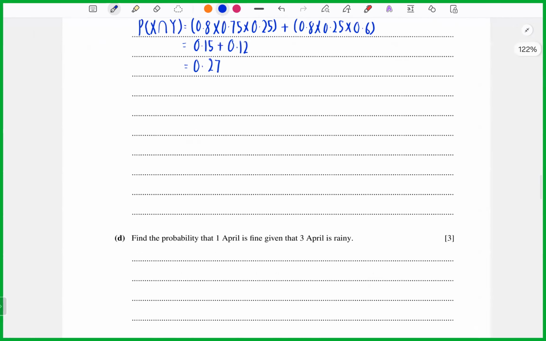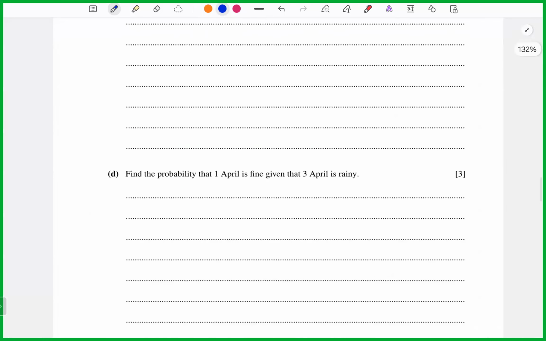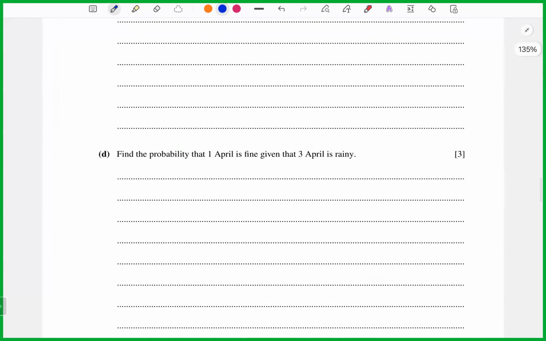It's fine. So we already know, now you see this keyword "given that", right? So you need to apply conditional probability. Let's start.